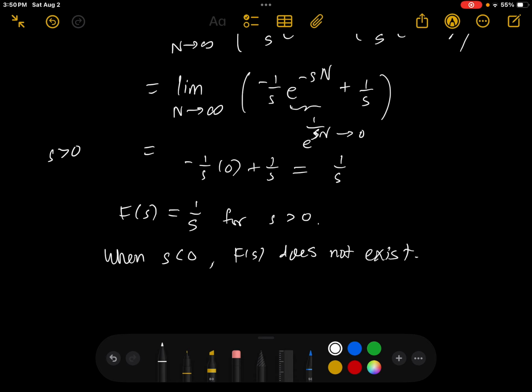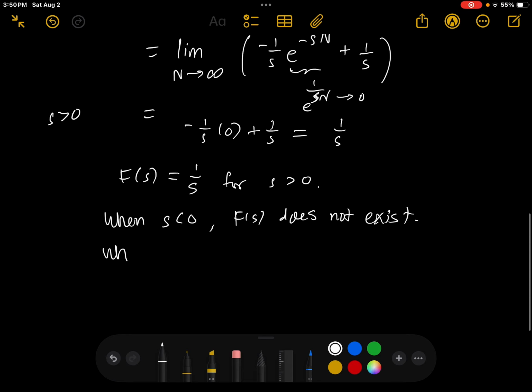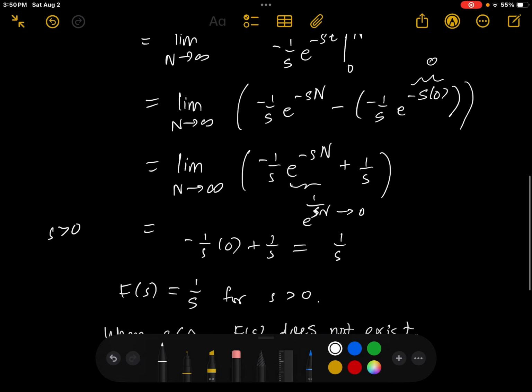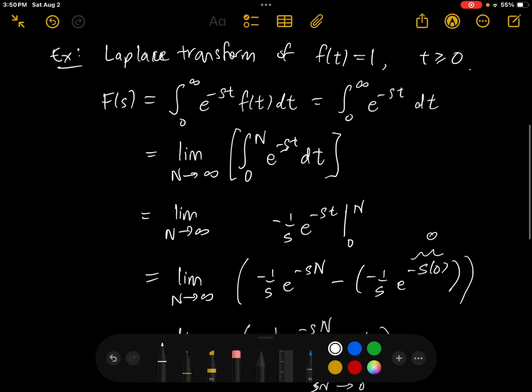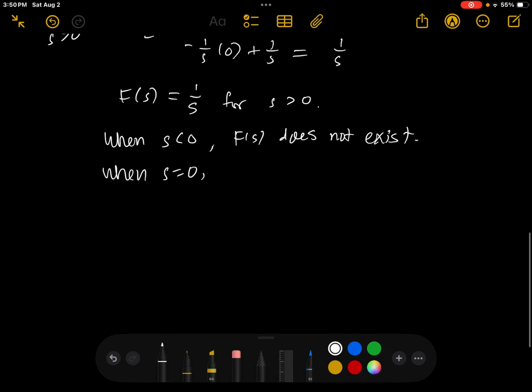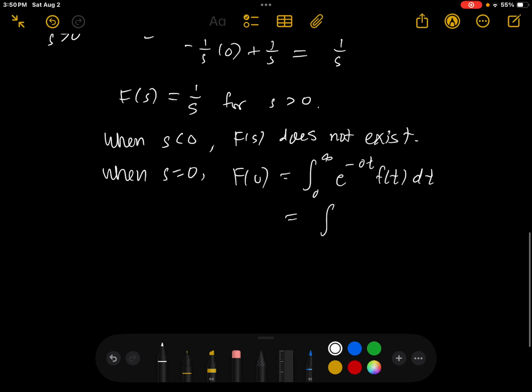So capital F of s does not exist. When s is 0, you have to do this separately. Capital F of 0 is the integral from 0 to infinity of e to the minus 0t times f of t dt, and e to the negative 0t is e to the 0, that's 1. So you're going to get the integral from 0 to infinity of f of t.